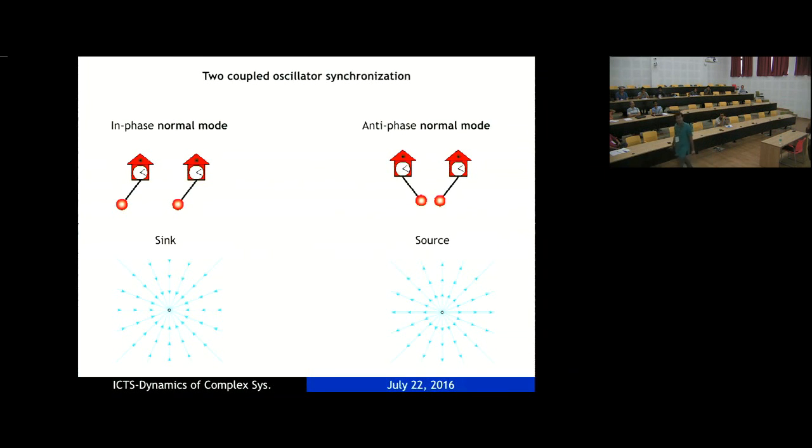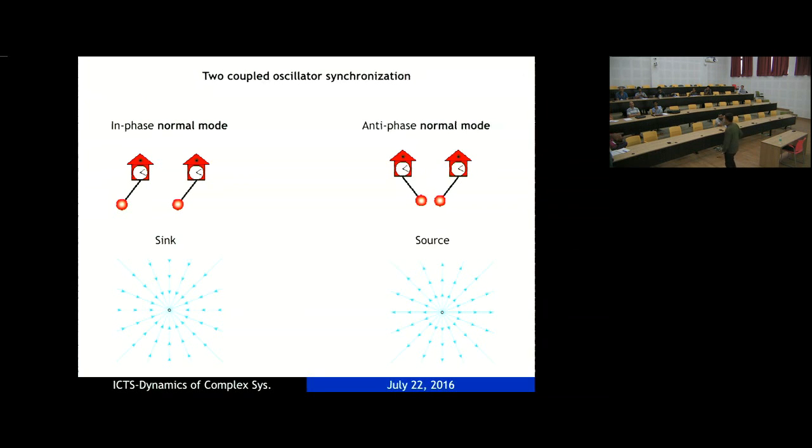I don't understand what you mean by stable. If you have an anti-phase and you draw the phase portrait, you will get a phase portrait like this. And when they are in phase, you will get a sync type of system in the dynamics. If you are slightly different from anti-phase, you won't relax to the anti-phase. From the phase portrait, you can think about it as an equilibrium.